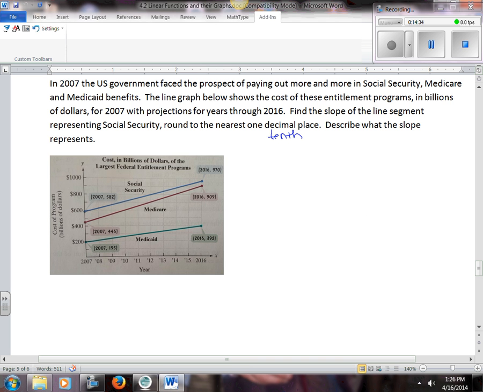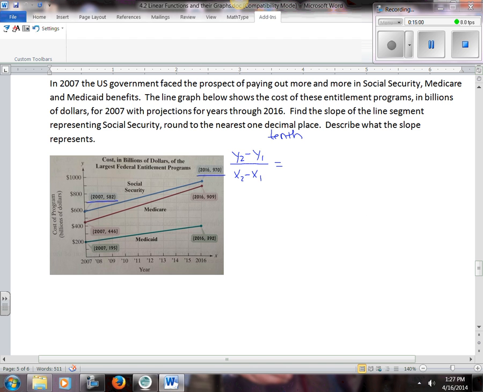All right, so we want to know the slope of the line segment that represents Social Security. So Social Security is your line that's in blue. So what we need to do is find the slope. Well, we're given 2 points. We know how to find slope using points: y2 minus y1 over x2 minus x1.